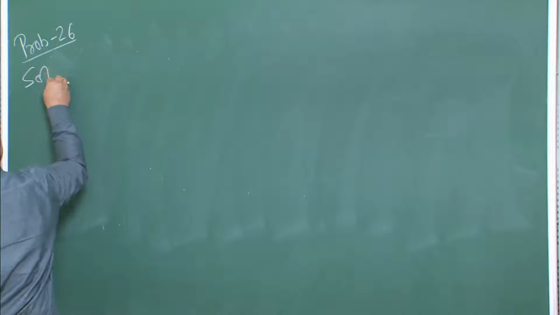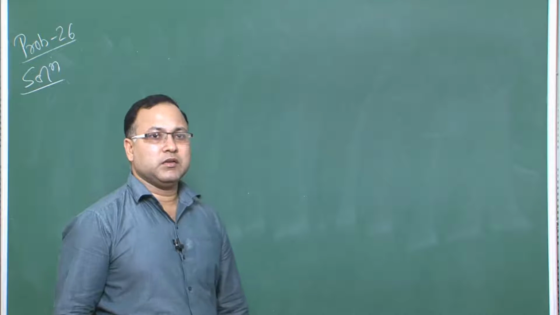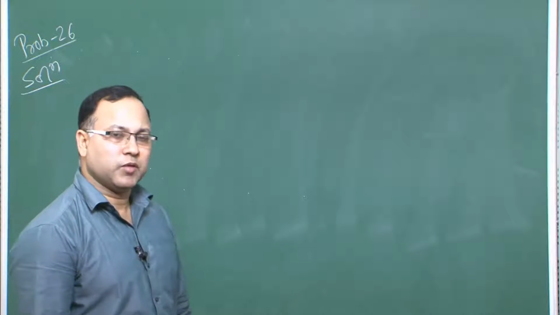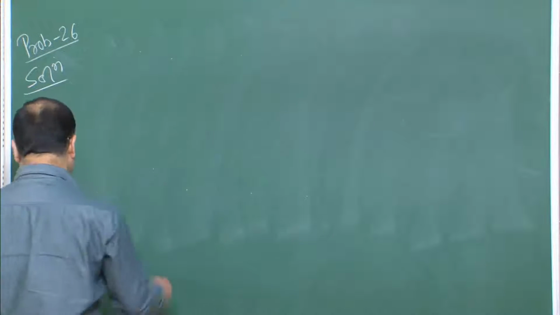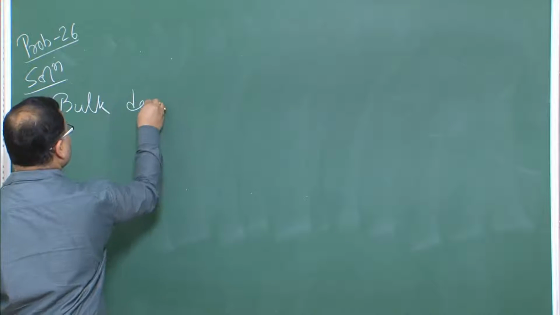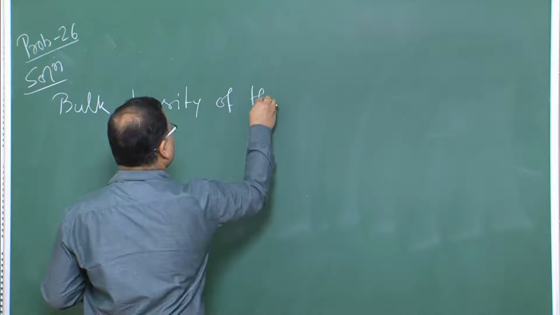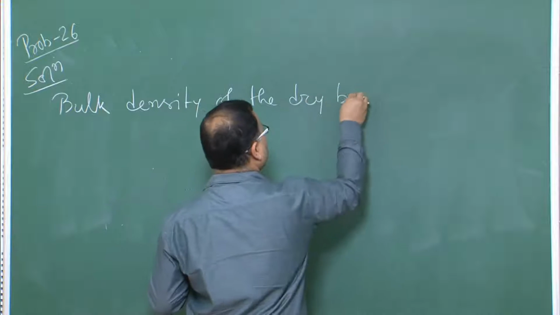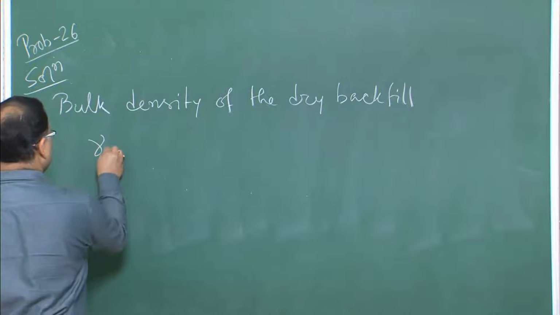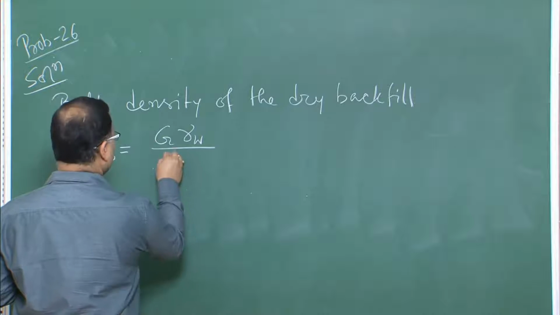Now, coming to the solution. Okay. So, first we need to find out the bulk density of the backfill, right. We know the specific gravity, we know the void ratio, from there we can find out the bulk density of the backfill soil. So, bulk density of the dry backfill is equal to gamma b is equal to G into gamma w divided by 1 plus e.